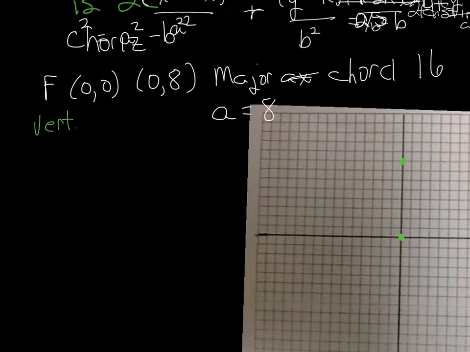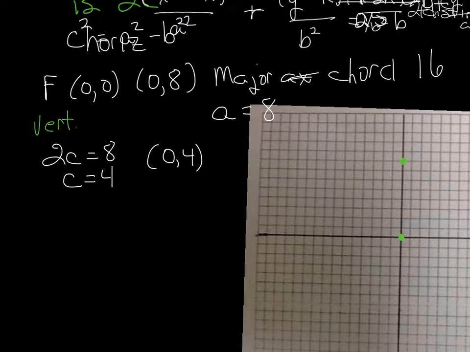How would I get the center? The distance between the foci is 8. If we divide that by 2, we get 4. So what's the center point? (0, 4) is my center.